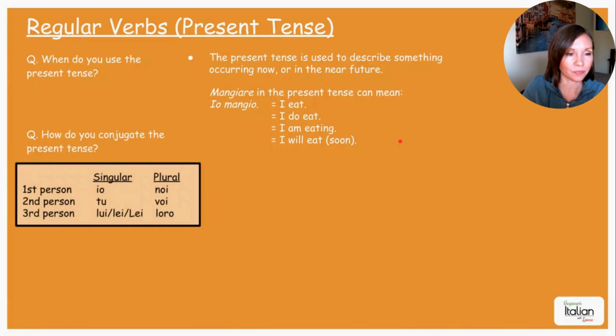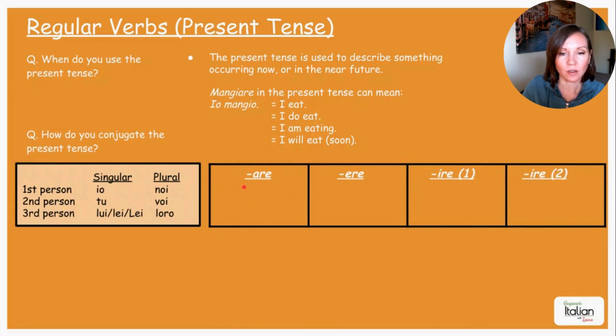Okay, so as we talked about in the subject pronoun section, we have first person, second person, and third person, singular and plural. So we have ARE, ERE, and IRE verbs, and for the IRE verbs we have 2, or some may say 3, different conjugations.